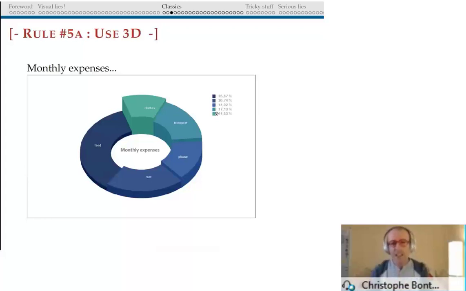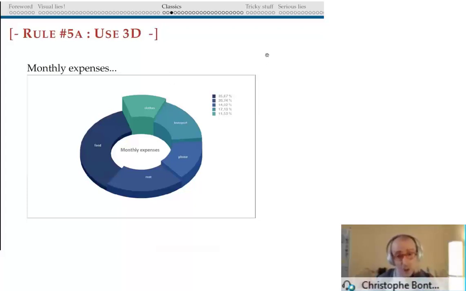So bad design can really make believe that the expenses in clothes were higher than the expenses in other kinds of stuff. Or we don't understand why this encoding of the height of this donut has been made. It makes no sense at all. And once again, bad design can lead to bad decision or bad understanding of what's going on.